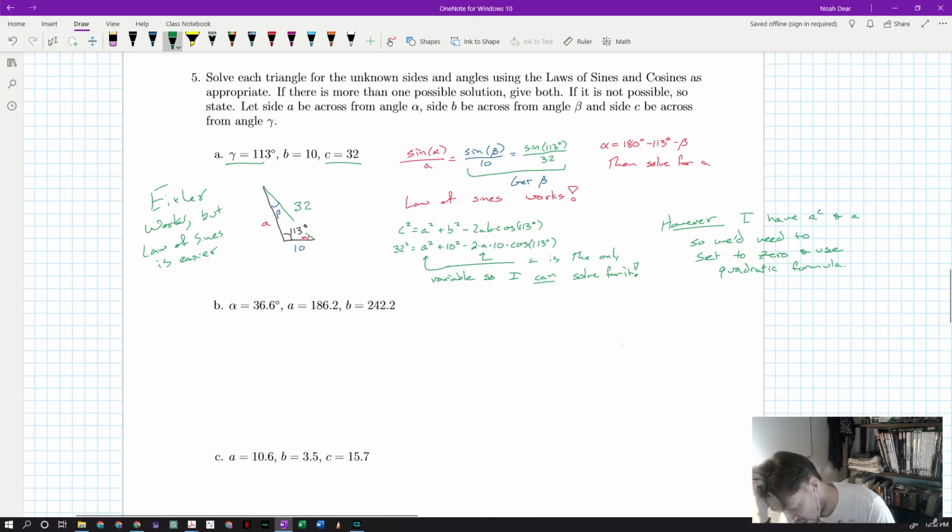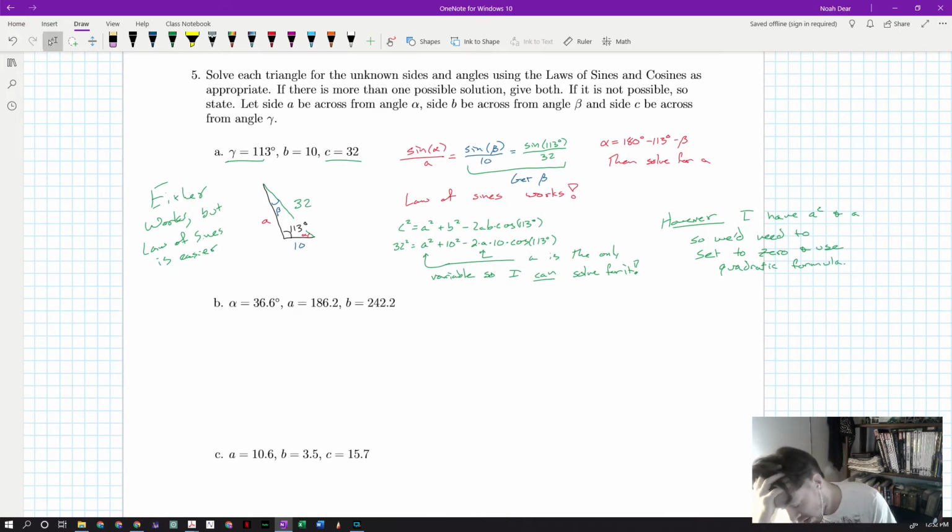All right, let's look at B. What happens here? Here I've got matching alpha and A, and then I've got B. So these are weird side lengths, and that's fine. Draw an angle of 36.6 degrees here.